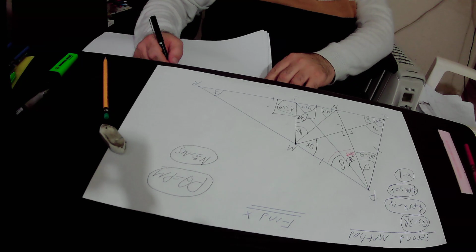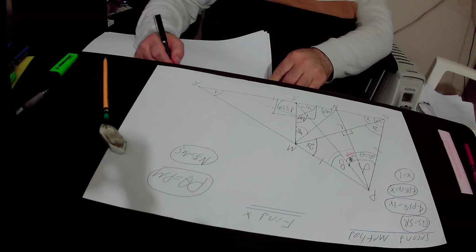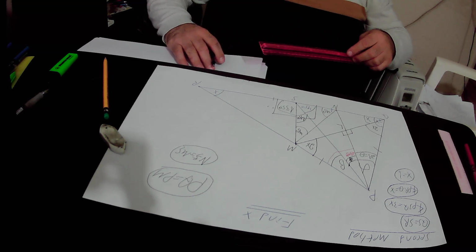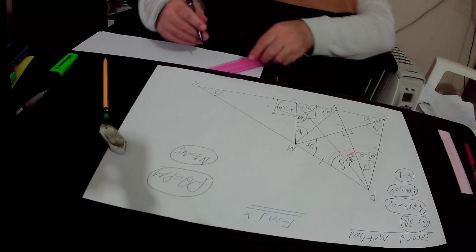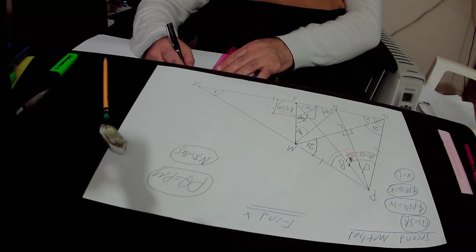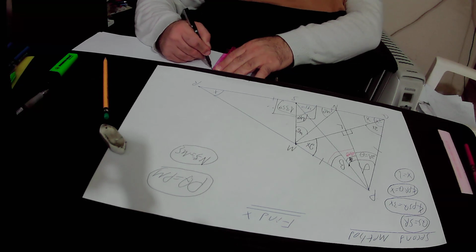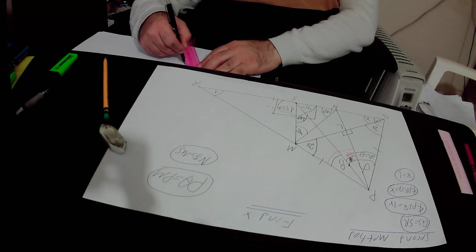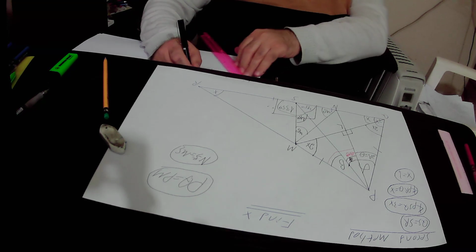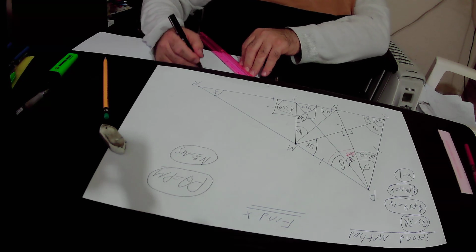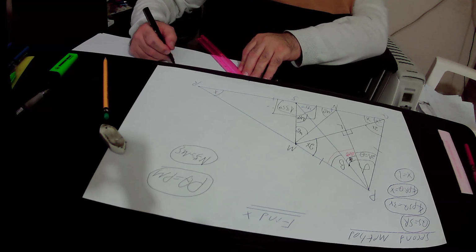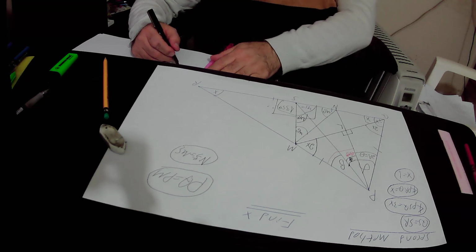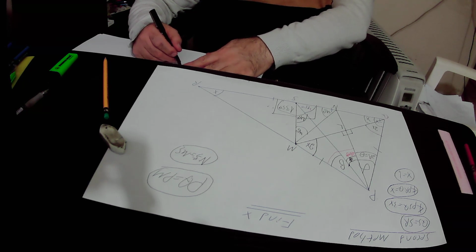So I will draw the two triangles in a new page and we will focus on them clearly in a new page. So here we have triangle PQN. Also triangle NMP.